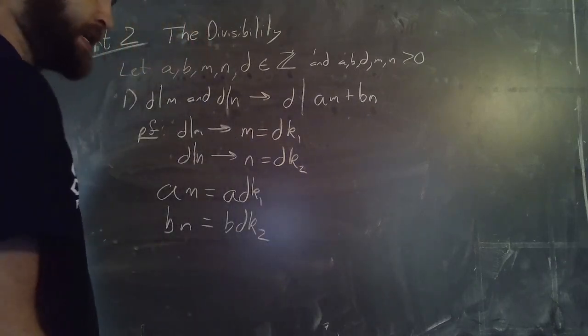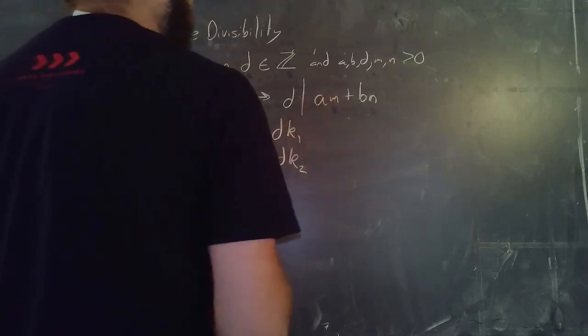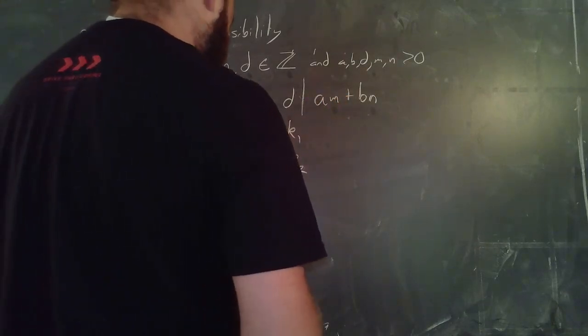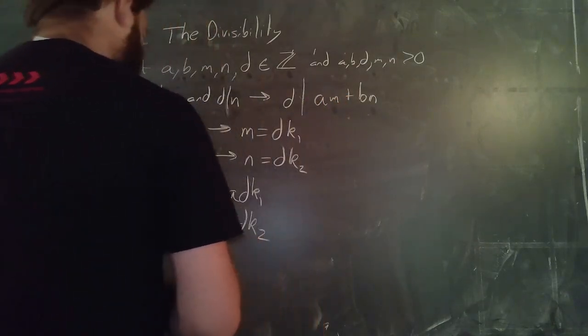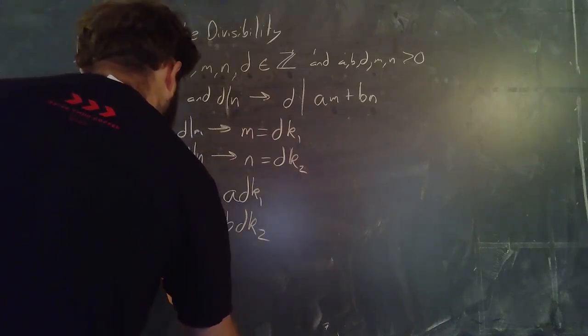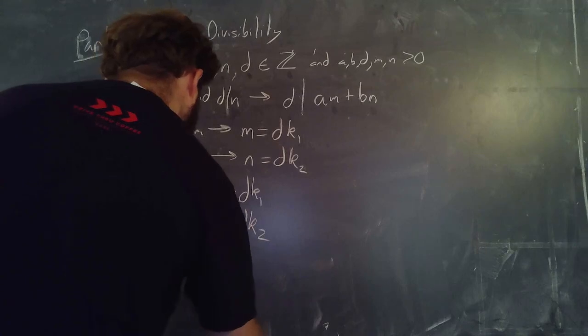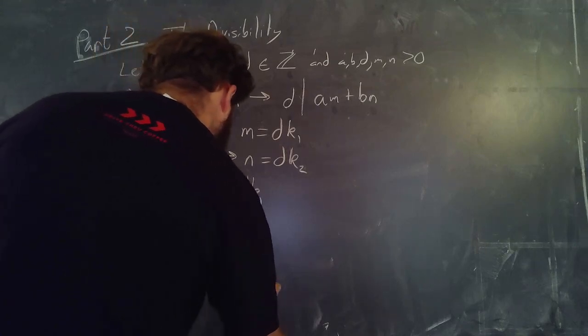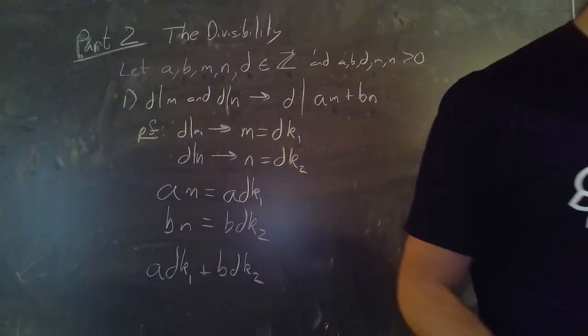Now notice here that the linear combination am plus bn will actually equal a dk1 plus b dk2.